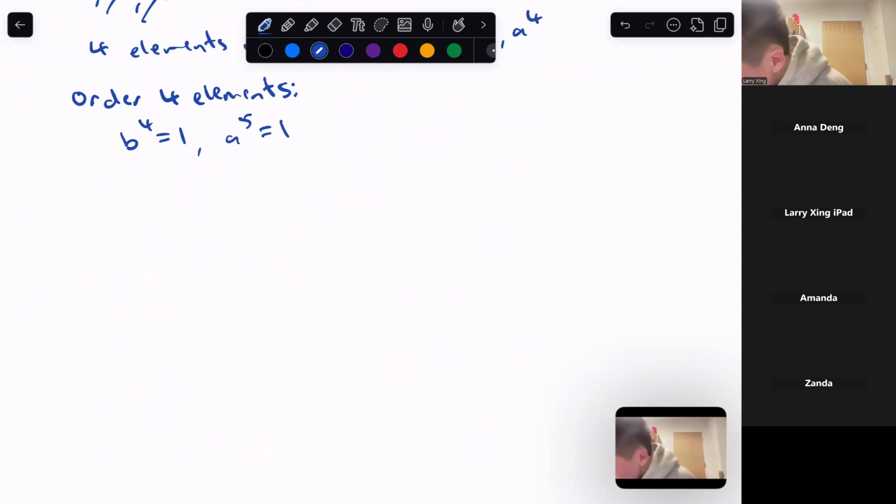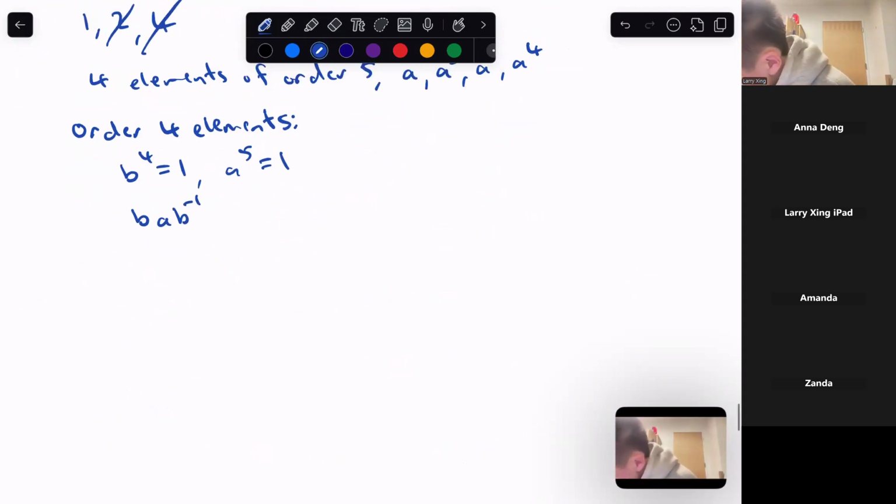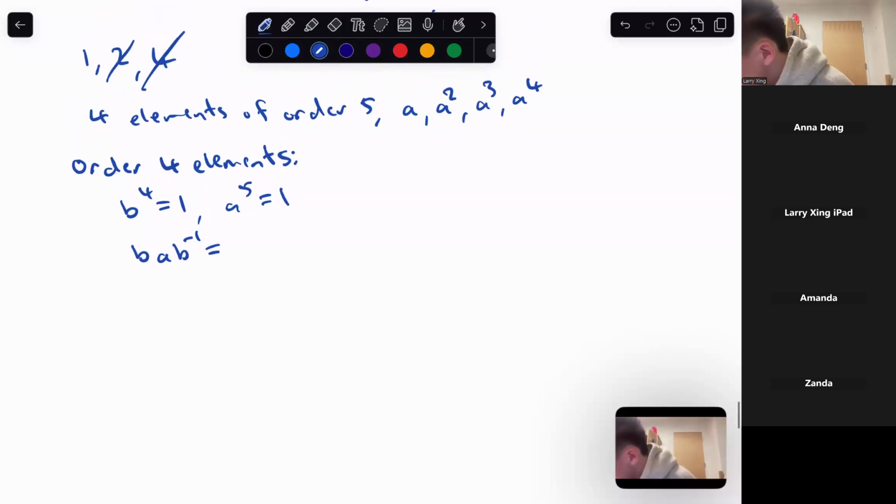Now, what we want to do is figure out what B to the negative 1 is, because this is all that we need to be able to generate the entire group. So B to the negative 1, again, it must map to an order 5 element. And since we know there's only one subgroup of order 5, it must map to A squared, A cubed, or A to the 4.